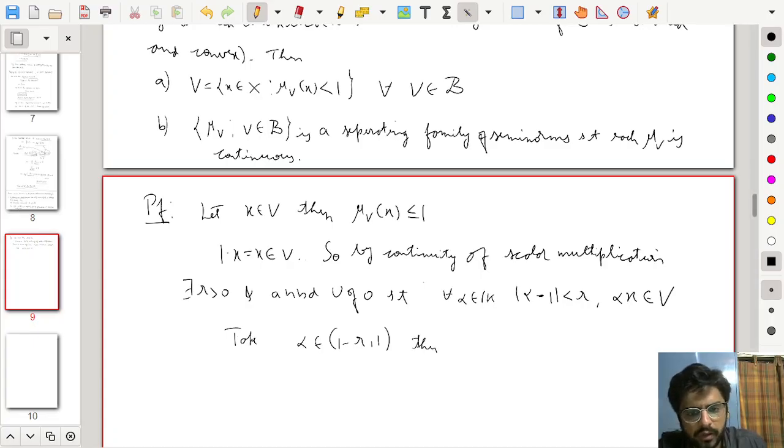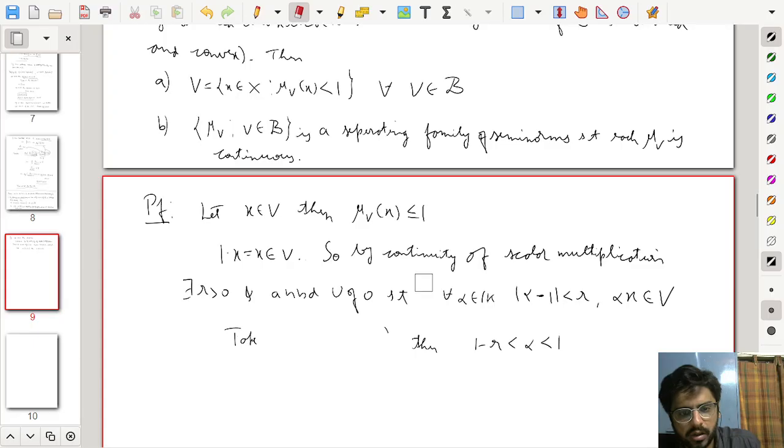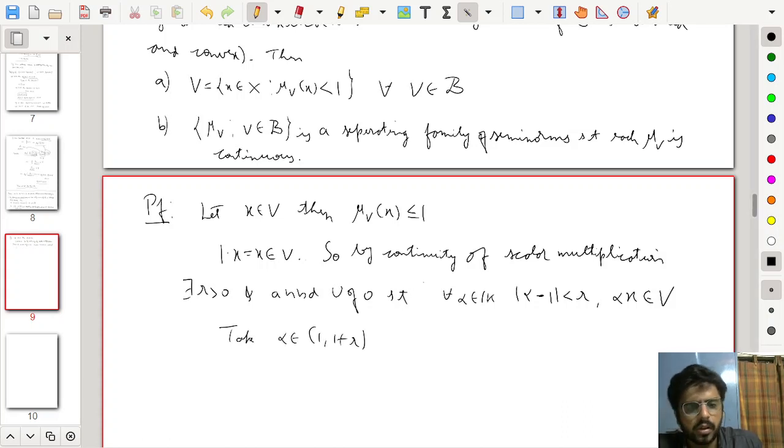Then what do we get? We get 1 minus r is strictly less than alpha is strictly less than 1. Okay, so this will not work, I'm sorry. Take alpha belonging to 1 comma 1 plus r, right?